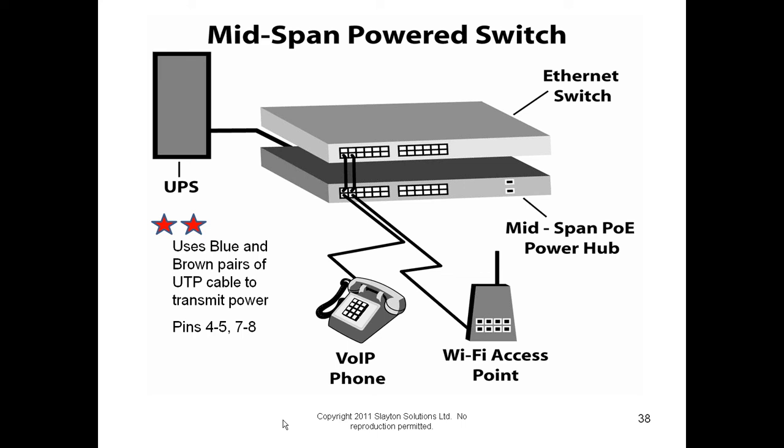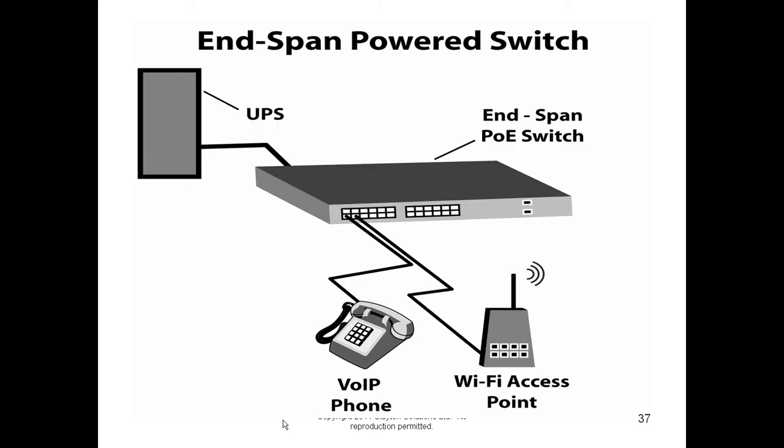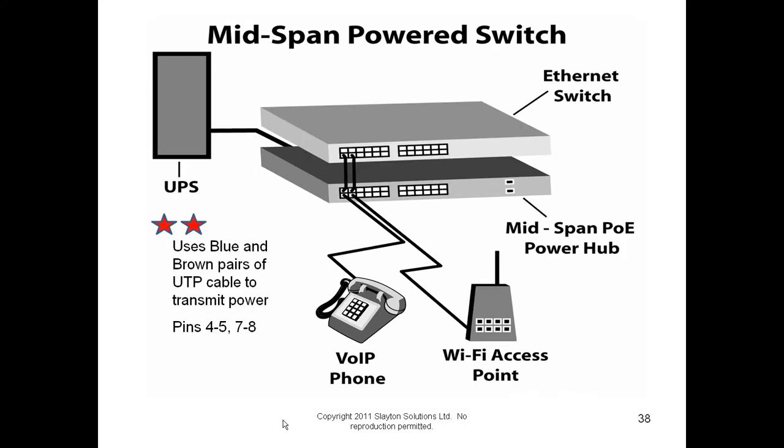Now, it's important to know that in our Cat5e cable, we've got 4 pairs. When PoE comes out of the network switch, it works on the orange and green pair, the same 2 pairs that are used for 10/100 Ethernet. When it comes out of a mid-span hub, it uses the brown and blue pairs. But here's what's important.